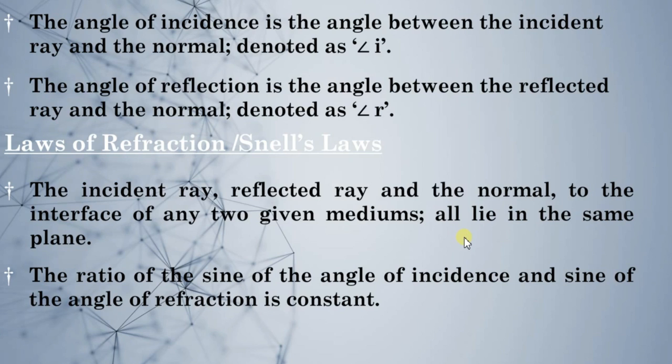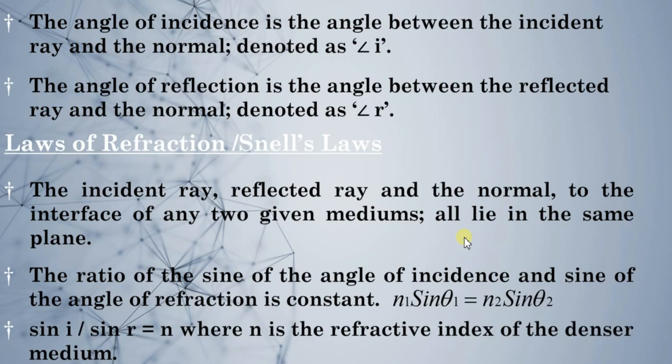That is, n1 sin theta 1 is equal to n2 sin theta 2. These things we will be studying in the higher classes. Those who are in 10th would have an idea what it is. So sin i by sin r is equal to n, where n is the refractive index of the denser medium. So this is what the laws of refraction are.